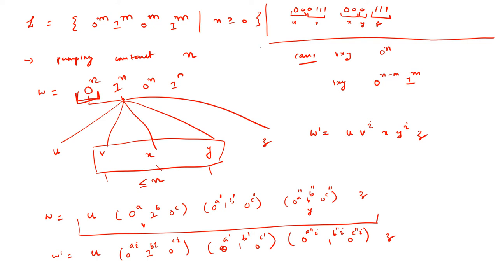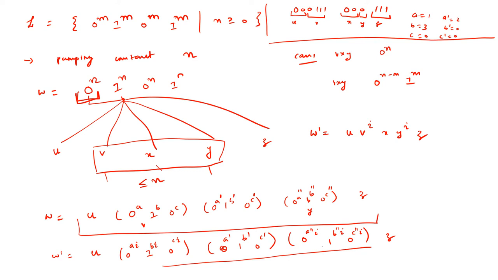With this partition scheme, a will be equal to 1, b will be equal to 3, and c will be equal to 0. a prime will be equal to 2, b prime equal to 0, c prime equal to 0. So now if you pump, basically you will get this string.